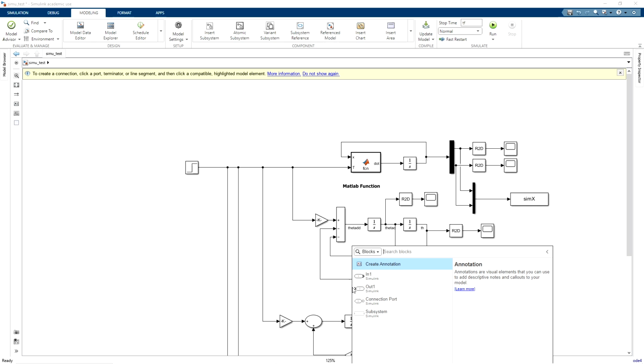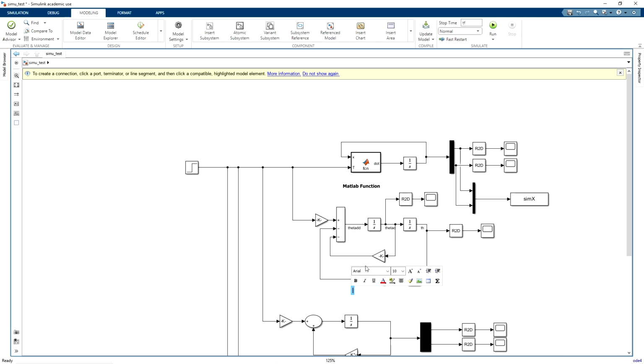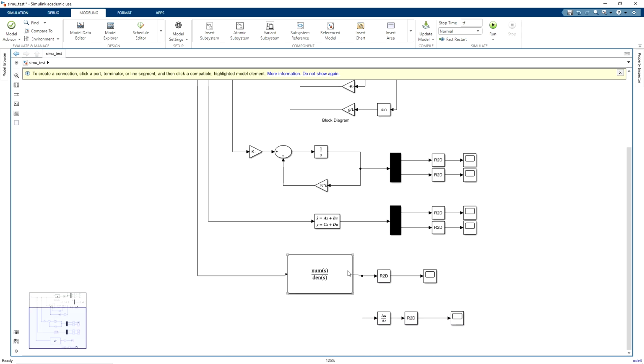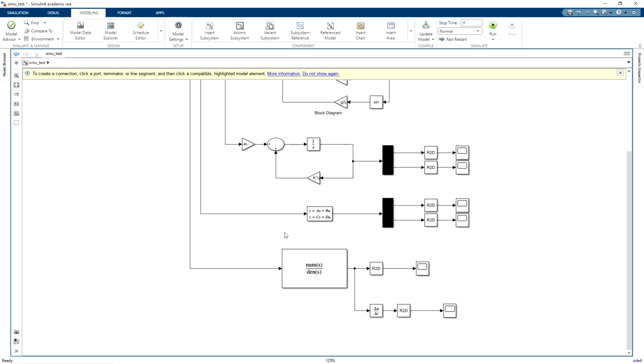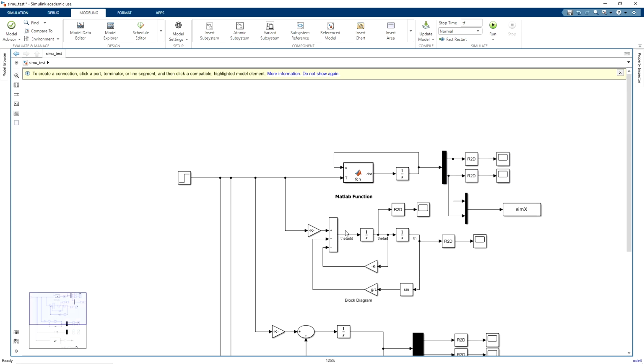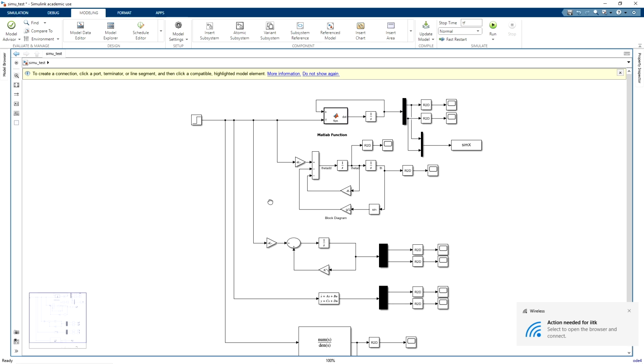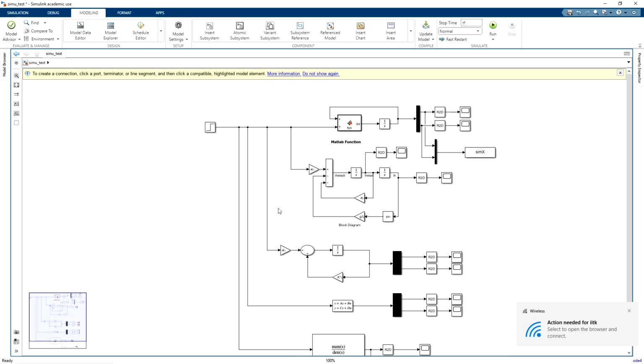And this is by block diagram. This is similarly the state space approach, even this one, and this is the transfer function approach. All right. So we have tried 1, 2, 3, 4 and 5 methodologies, and we get similar results.